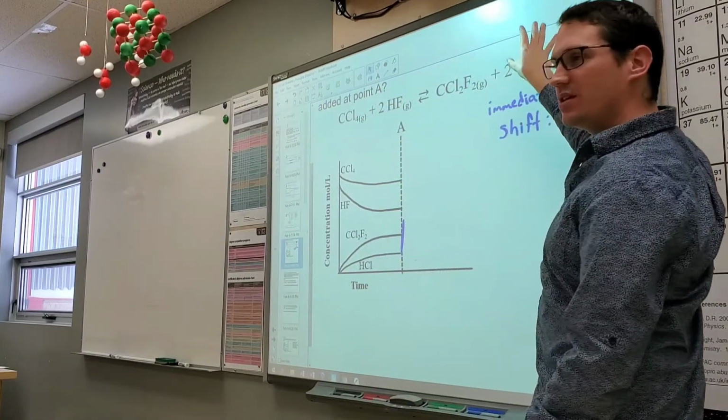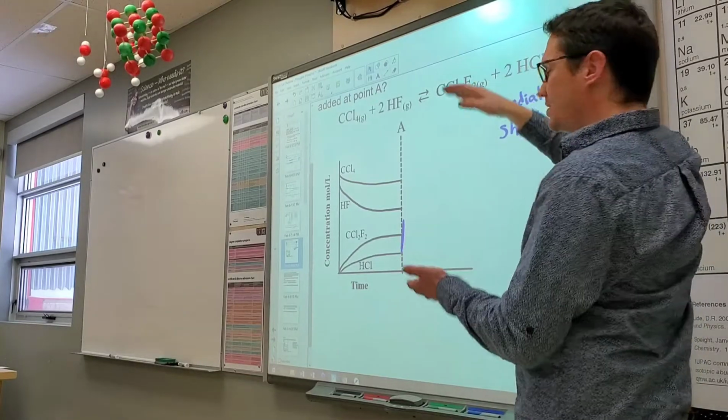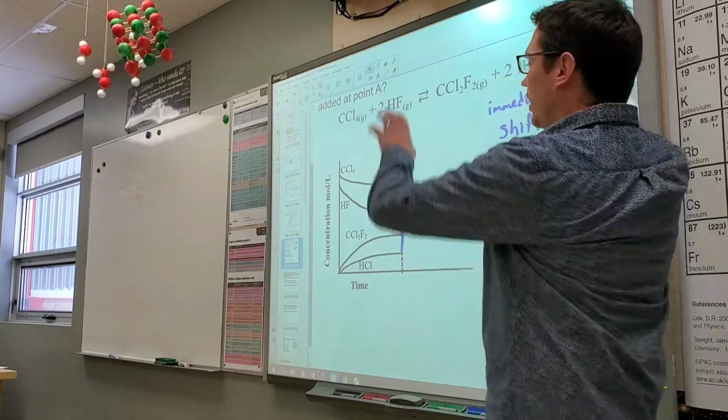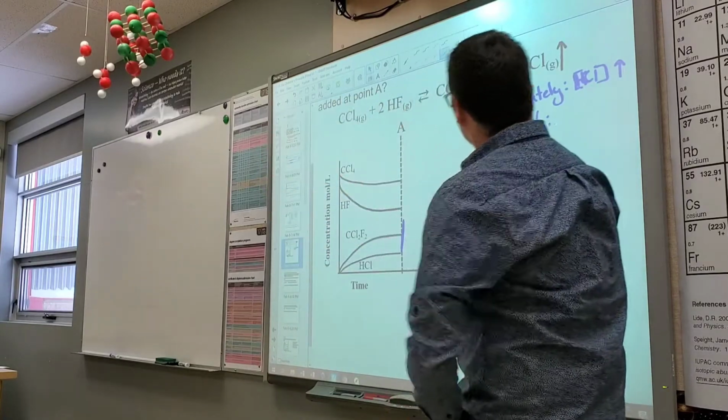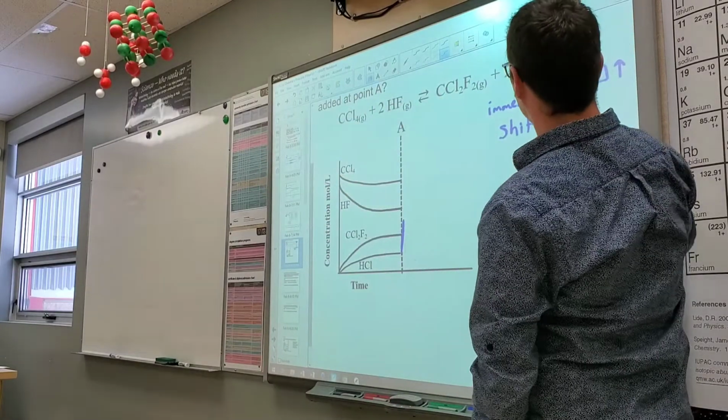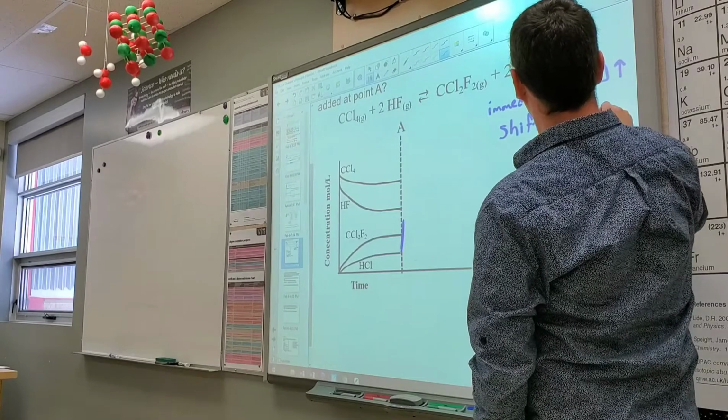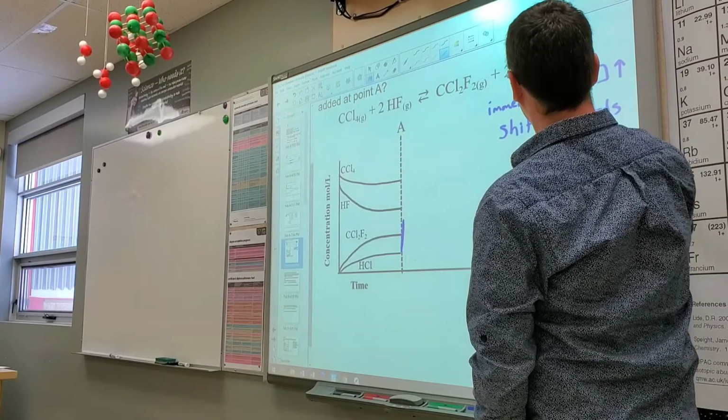Because the concentration of my products has increased, there's more of them now, they're going to react and make more of these. So we say it shifts towards the reactants.